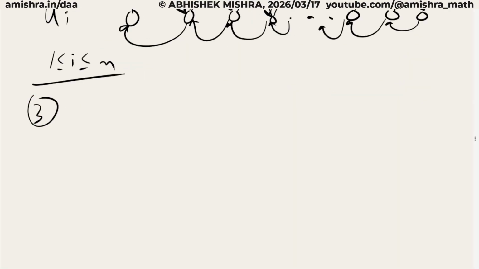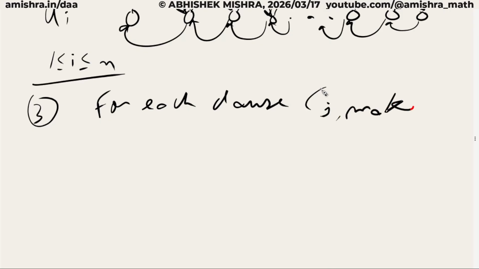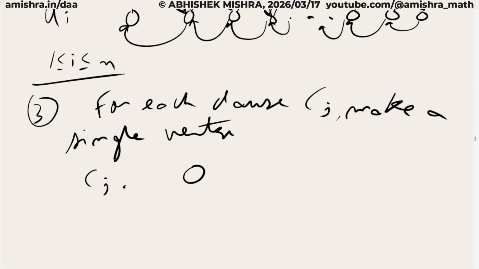Now for each clause also we make a single vertex. For each clause Cj, make a single vertex. So for Cj we have only a single vertex, and here j ranges from 1 to m.